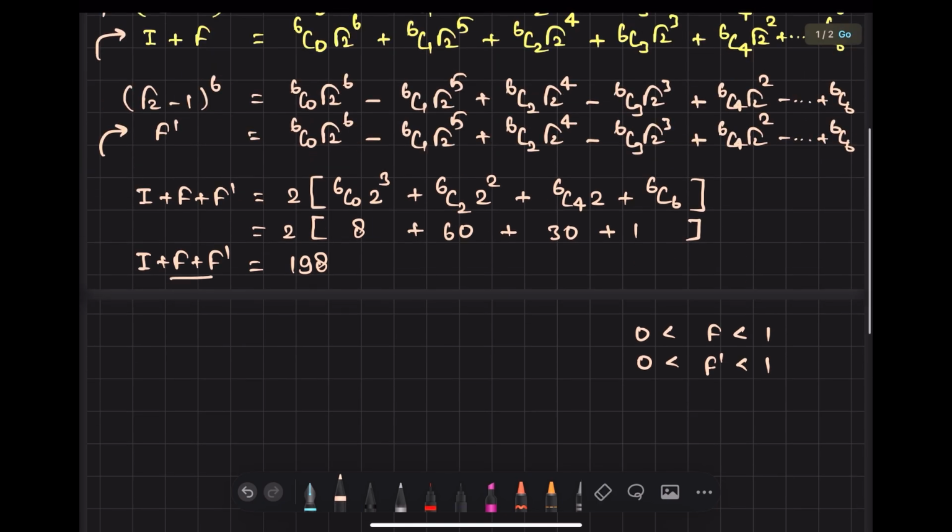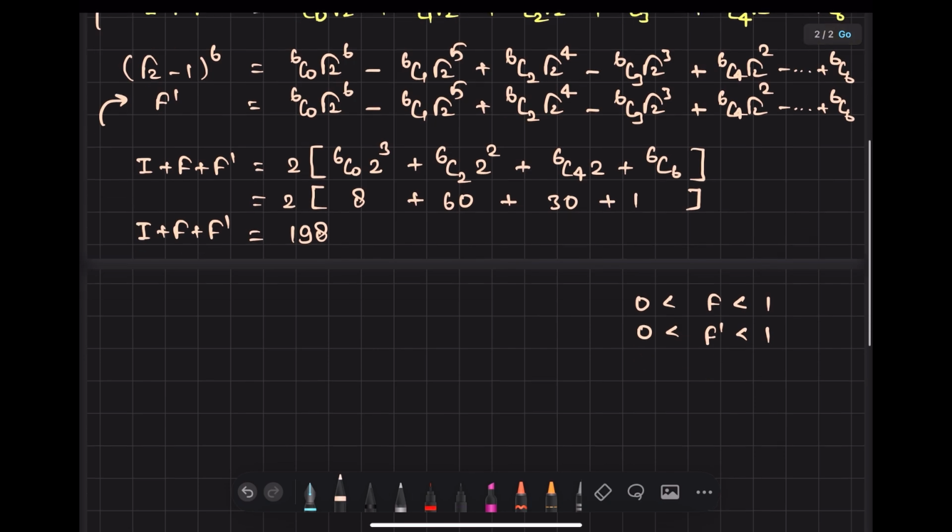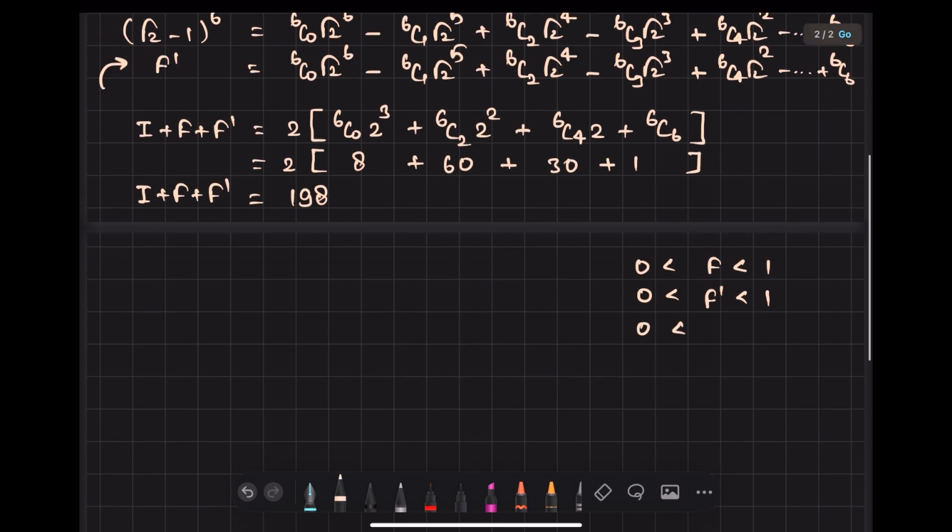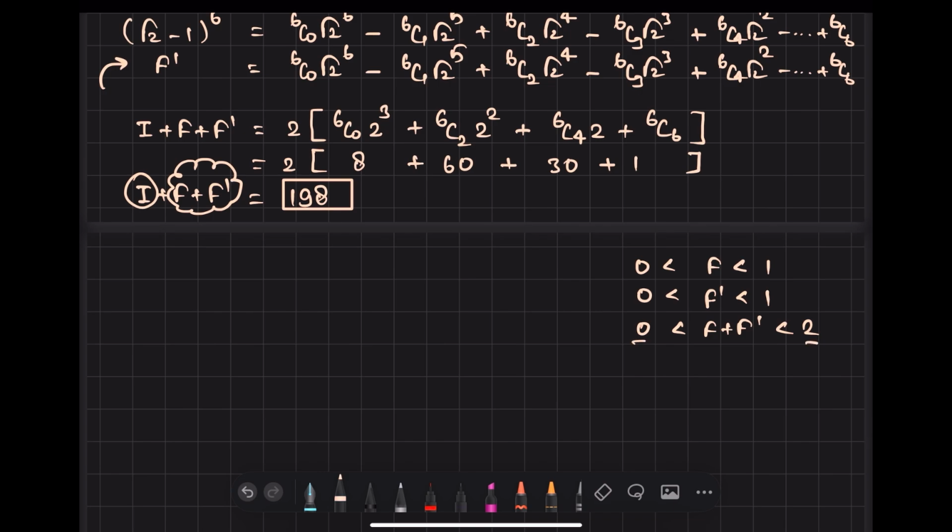Now look at this. We are adding things. If you add both, you will have f plus f dash less than 2. You know that this is an integer and this is an integer. So you will get an integer only if this is also an integer. So between 0 and 2, which is that integer?